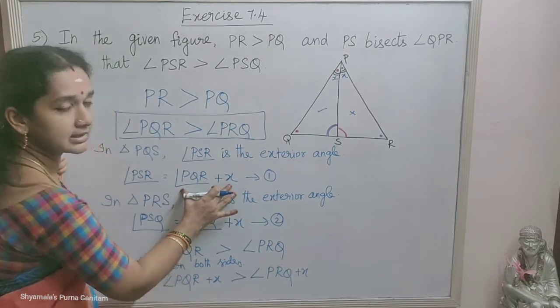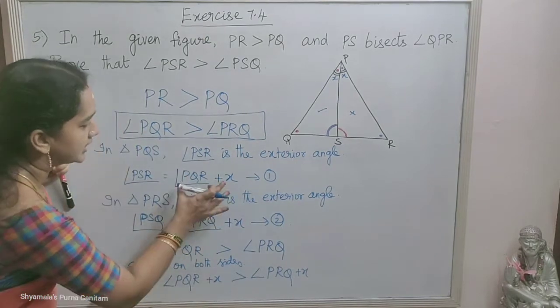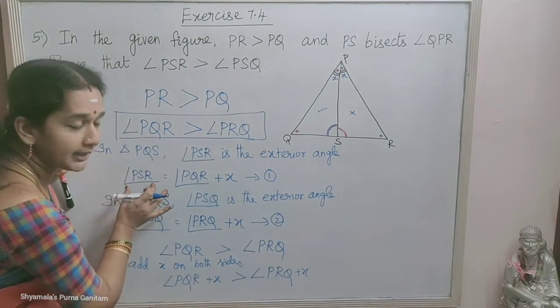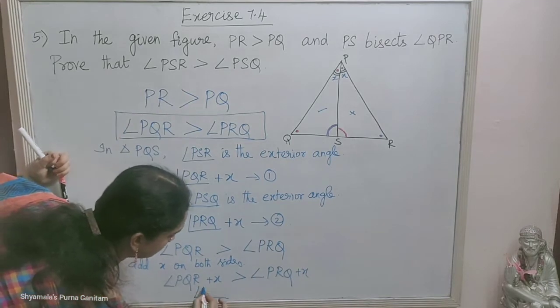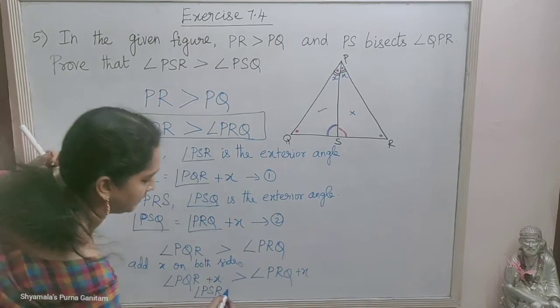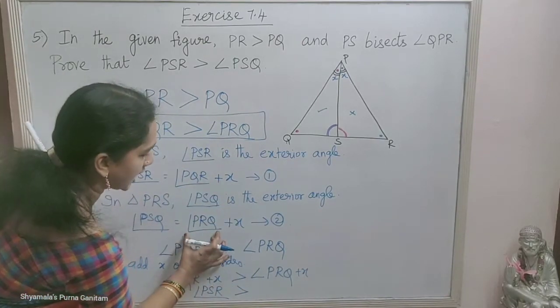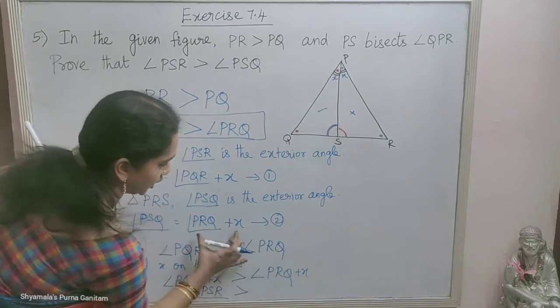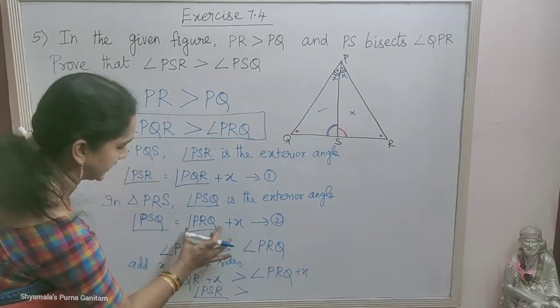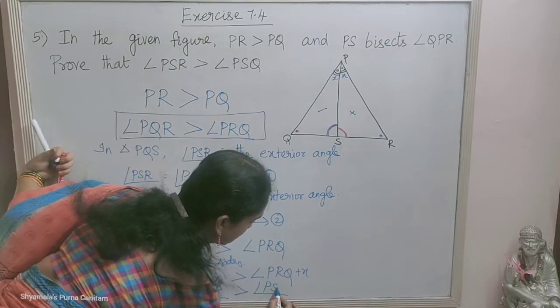See here, this is the first statement. PQR plus X, this side, is equal to angle PSR. And that is greater than PRQ plus X, and angle PRQ plus X is angle PSQ.